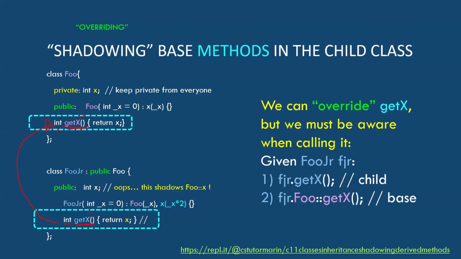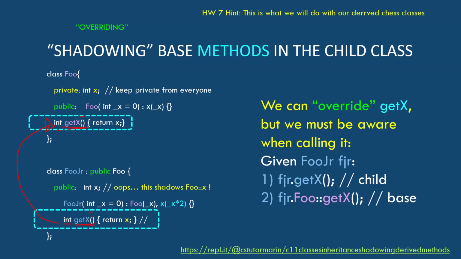Because remember, both of those instances are in the box together. So we can always reach into the base class that way if we wanted to. But usually we want to fall back or fall down to the most derived method. That's the overriding feature working for us there.